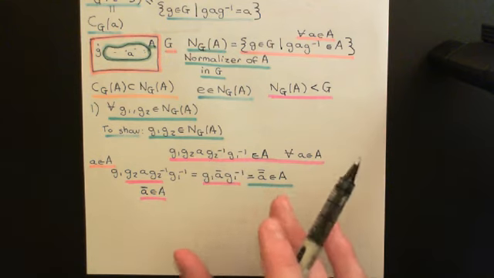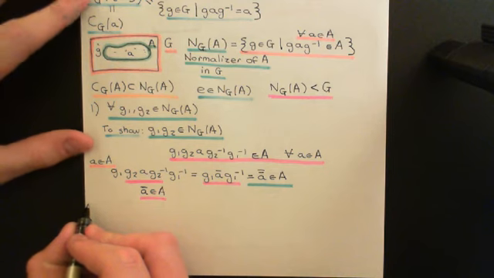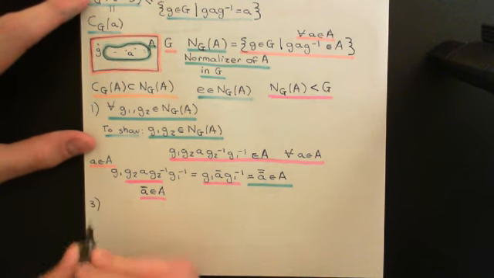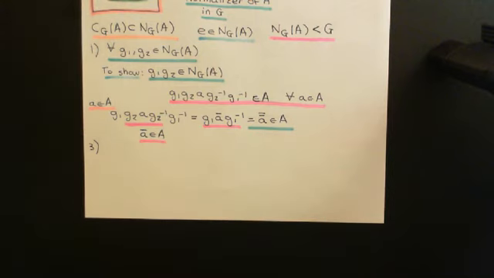It has proven that if g1 and g2 are elements of the normalizer of A in G, then g1 composed with g2 is also an element of the normalizer of A in G. So it is closed under composition. Axiom number 1 of group theory is now complete.